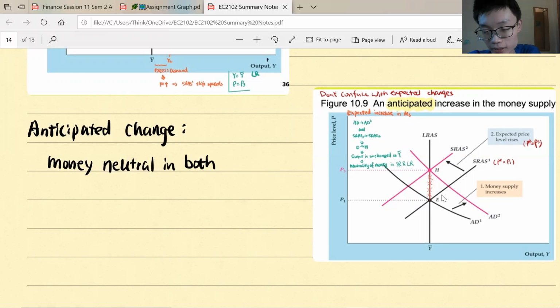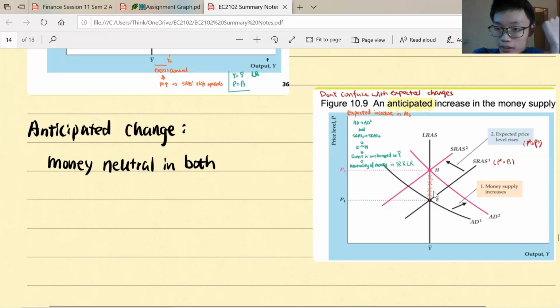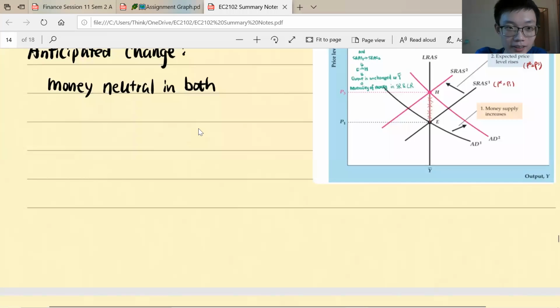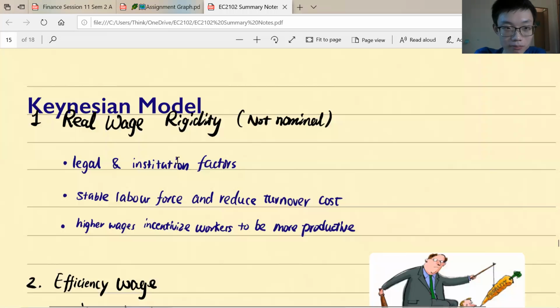So as SRAS shifts up and AD shifts up, they will intersect each other along this line, the HE line. So the output will always be the same. That is like the classical economists, the very, very old theory. So this means the money is neutral in both cases.